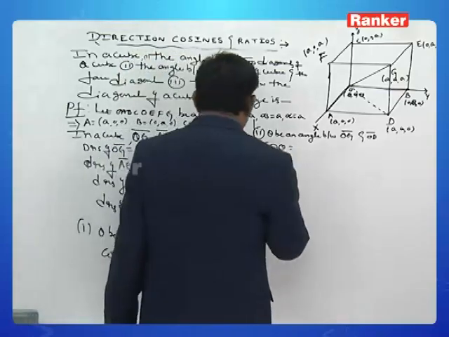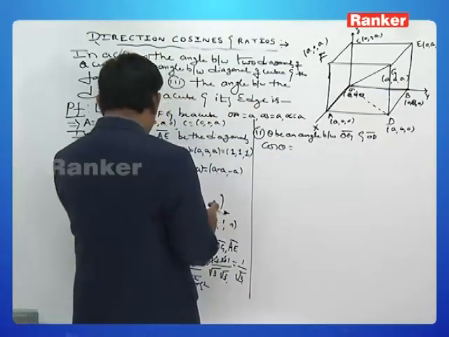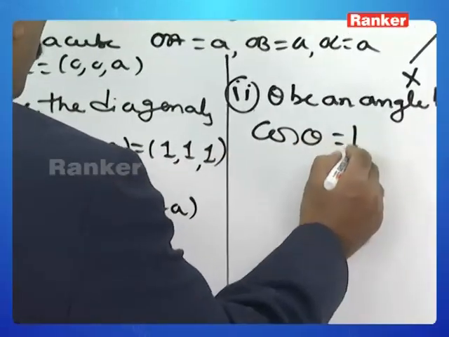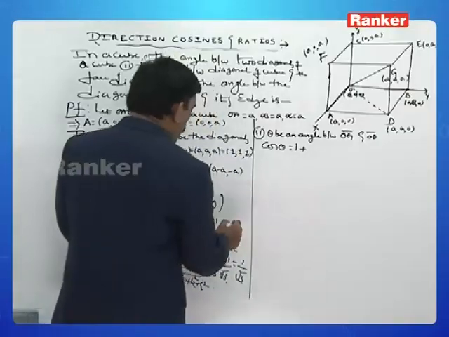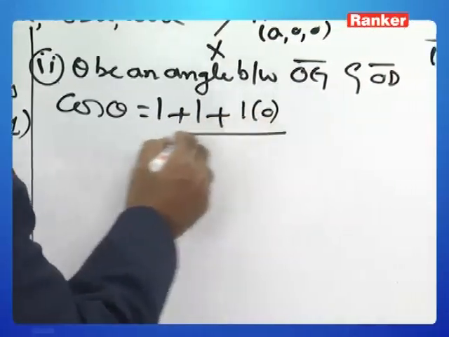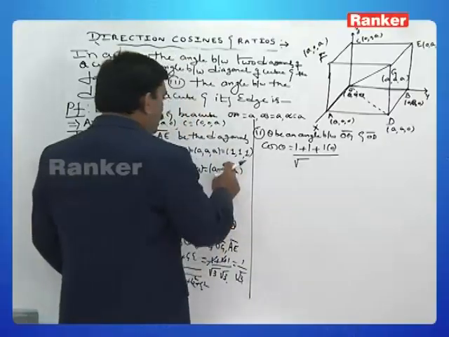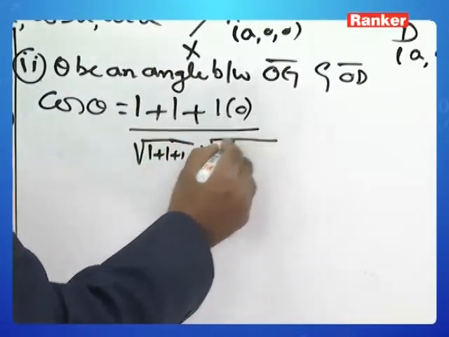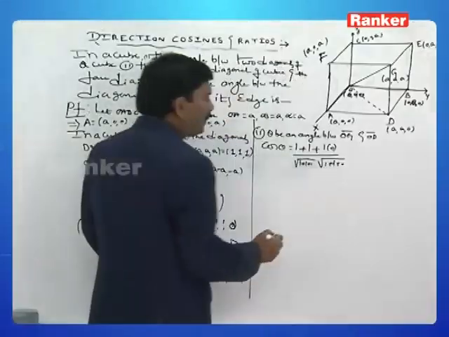Now let us write A1, A2. So therefore 1 into 1, plus 1 into 1, plus 1 into 0, divided by the square root of 1 plus 1 plus 1 into the square root of 1 plus 1 plus 0.